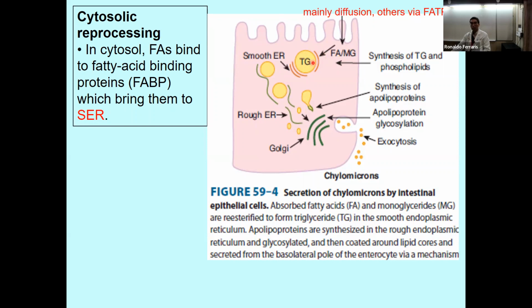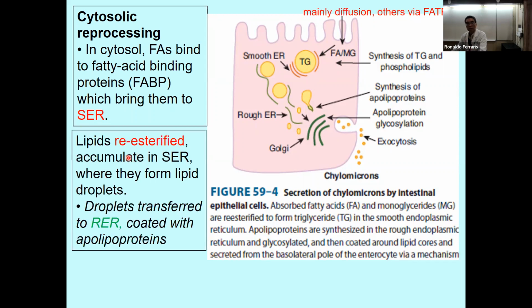And the smooth endoplasmic reticulum is not passive, it doesn't just sequester these fatty acids that came from lipid digestion. What it actually does is re-esterify the fatty acids to the 2 monoglycerides, so that they again become triglycerides, as shown here.